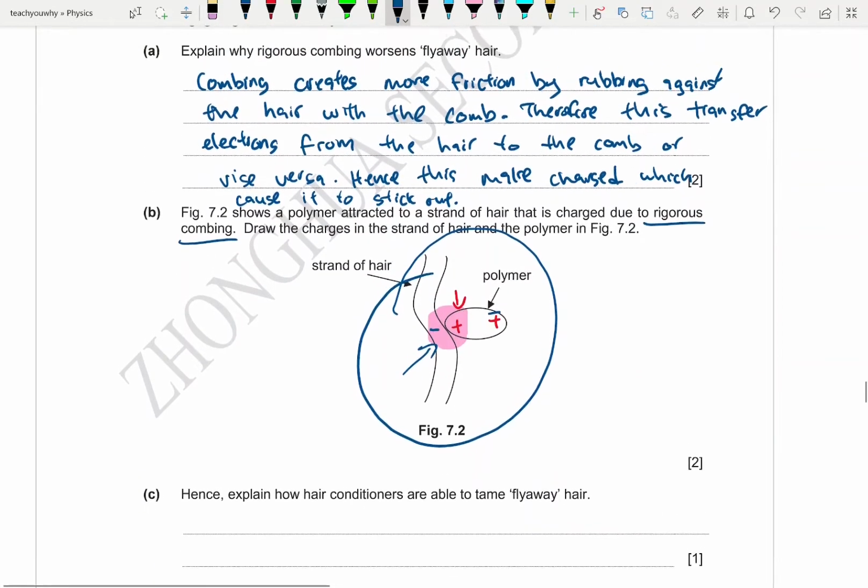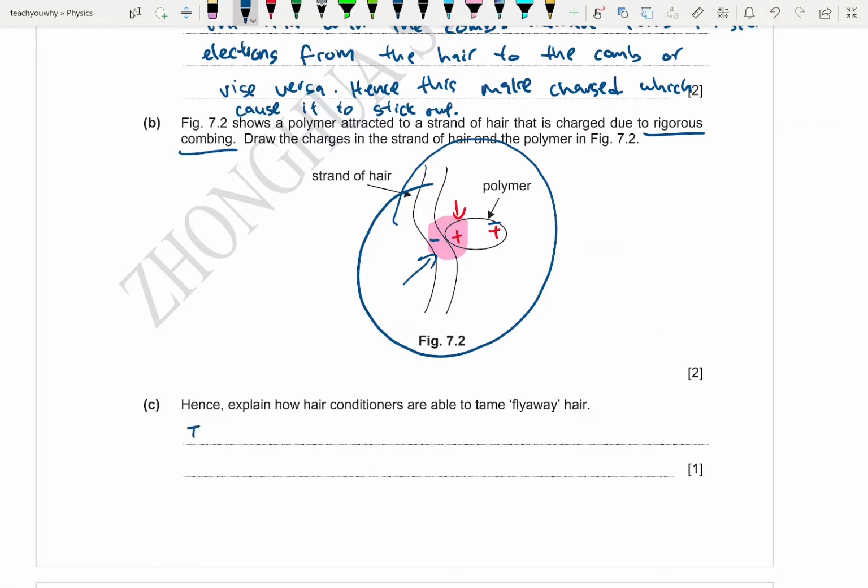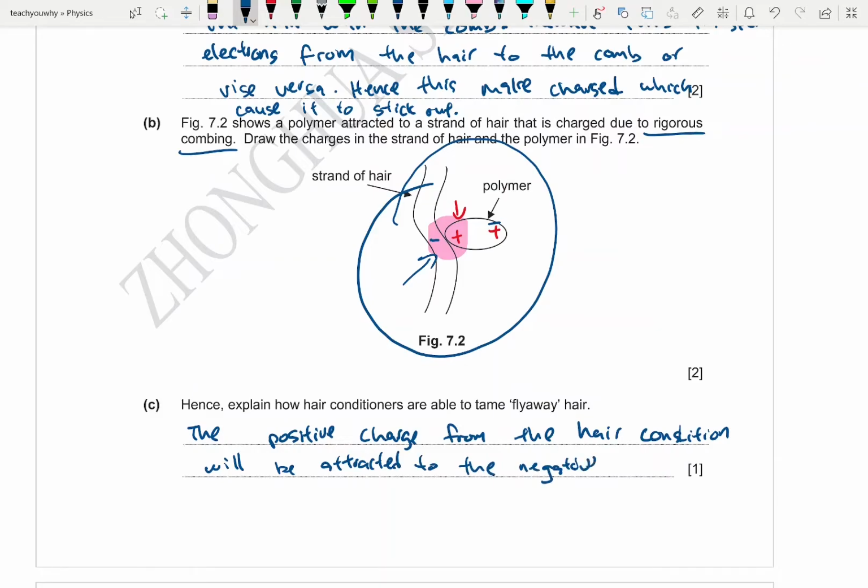Okay, so what we're going to say is that the positive charge from the hair conditioner will be attracted to the negative charge hair.